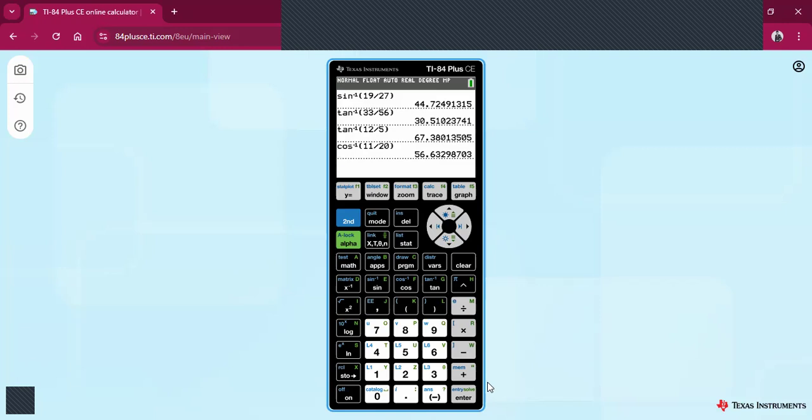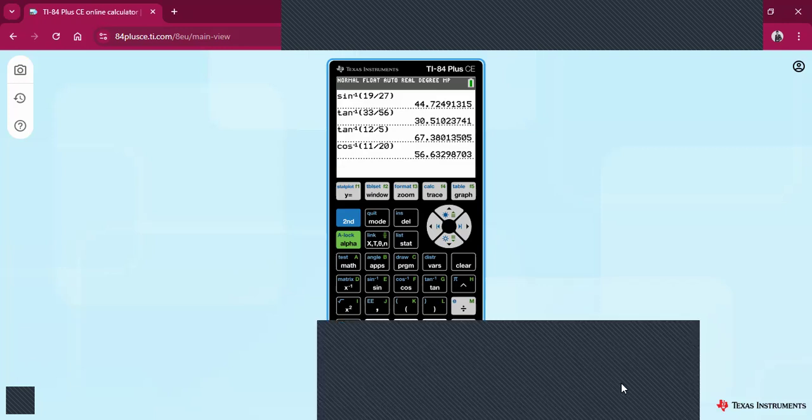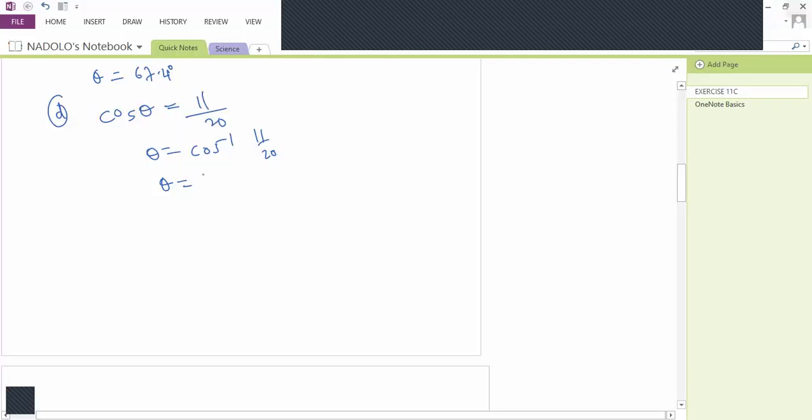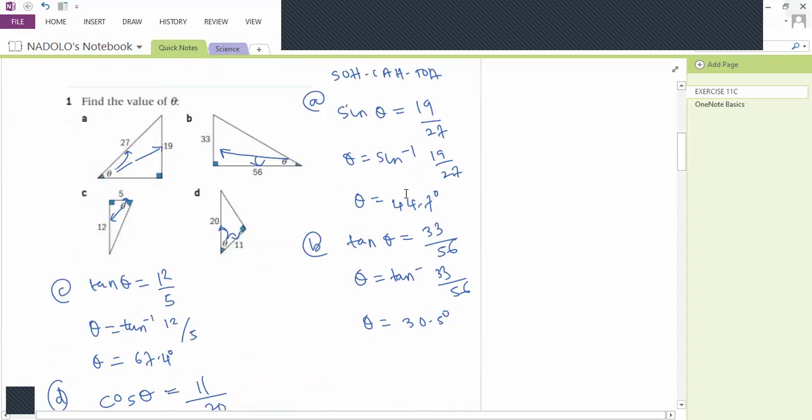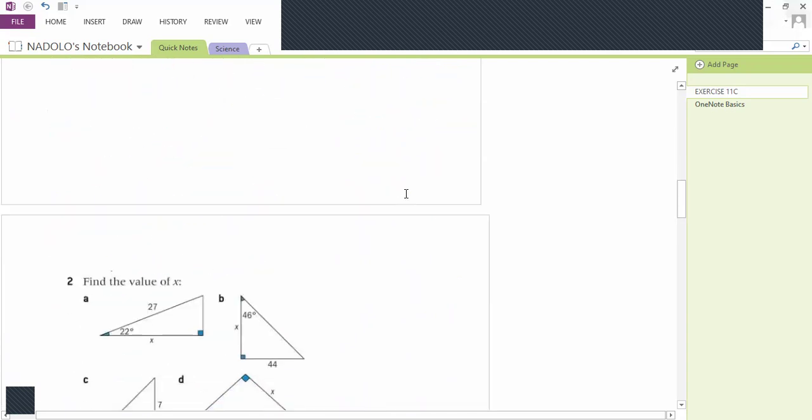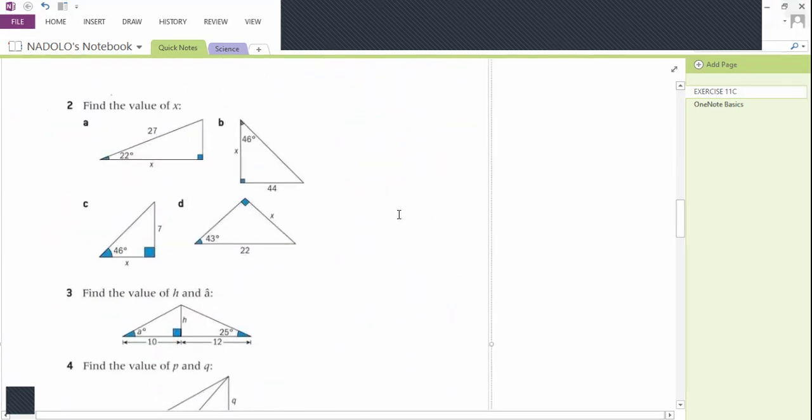To 3 significant figures is 56.6 degrees. So that's for number one, just finding the angle theta, ABCD. Let's look at number two.